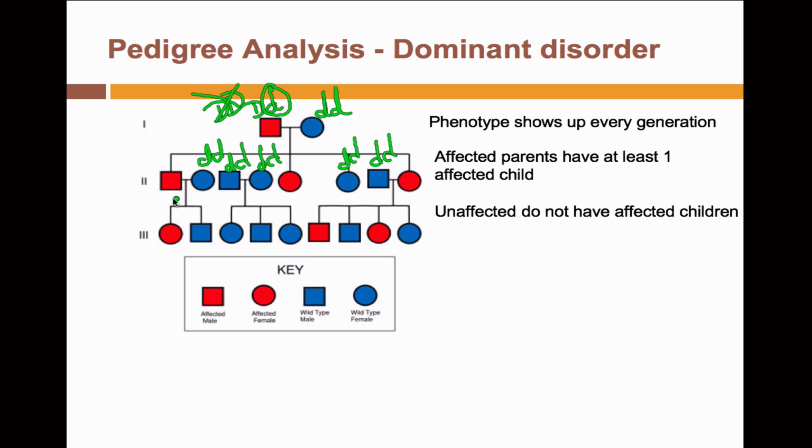We can also come down into the next generation, and look at this affected male right here. If we want to figure out what his genotype is, we can look at his children and say, okay, he has one child that's affected, but he has a child that's not affected, which means that his genotype is going to be heterozygous.